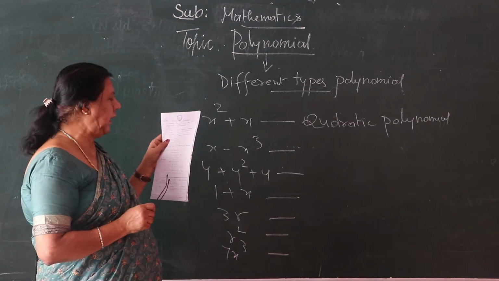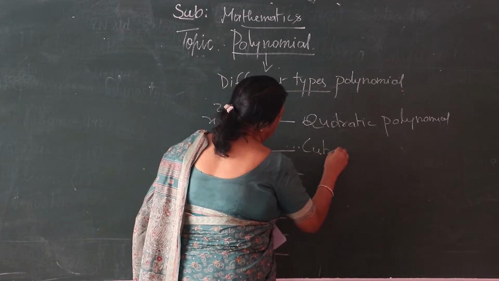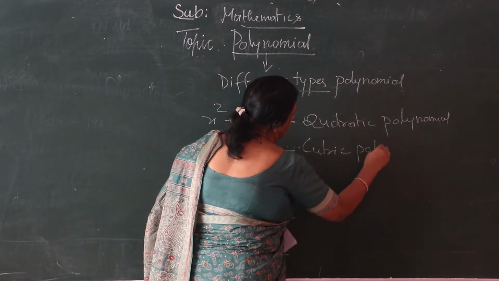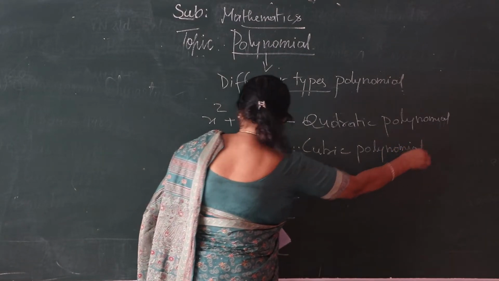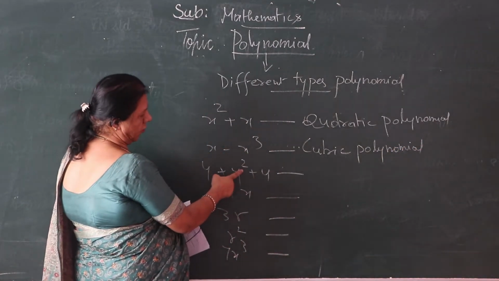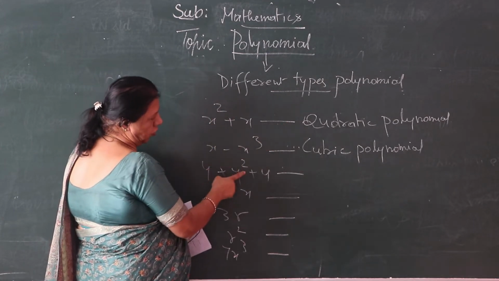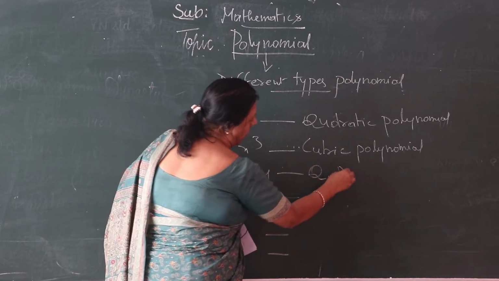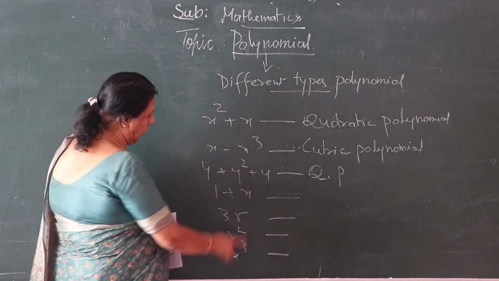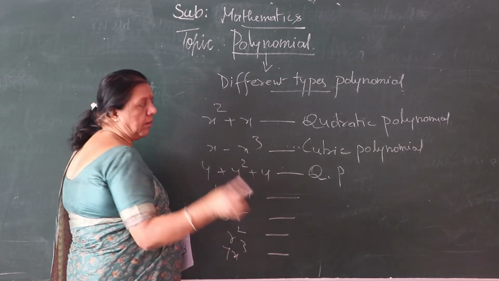So when 3 is there, it is a cubic polynomial. What do you call, children? Now see, 2 is there. The degree of power is 2. Here also 2. This is a quadratic polynomial. See, look at here. There is no degree shown, but there is a degree, a single one.